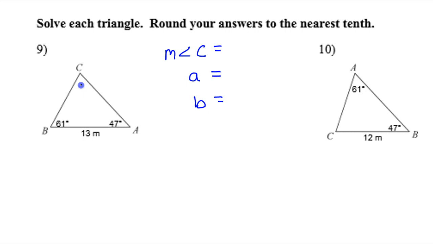Let's start with angle C. The angles inside of a triangle all add up to 180.